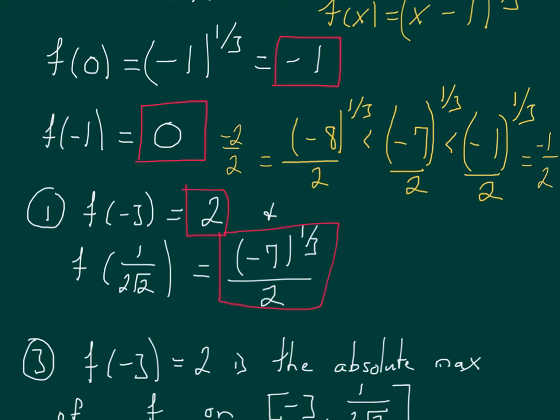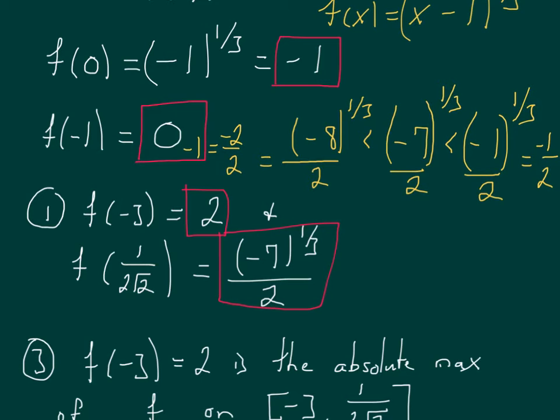So this is equal to minus 2 over 2, and I'm sorry about this, that's minus 1. So this gives us a nice estimate for how large the cube root of minus 7 over 2 is. It's smaller than minus 1/2, and it's bigger than minus 1.